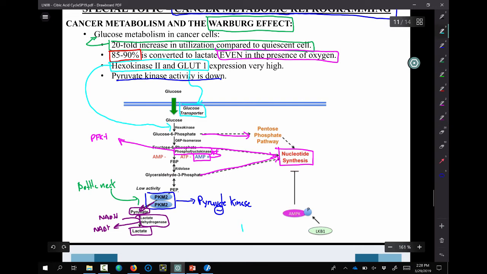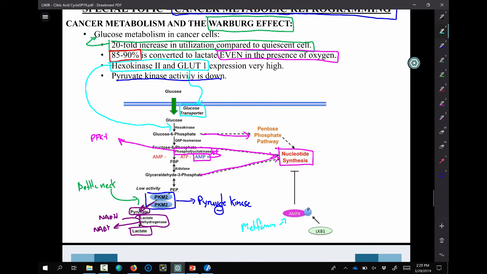That's fairly interesting. I can say this even on this slide alone: metformin, which we said can be a treatment of diabetes. There was a meta-analysis study done on people with type 2 diabetes, and their mortality rate for cancer was significantly lower when they were taking metformin across the population. People thought, well, that's kind of strange. Why is that? It turns out that metformin activates AMP kinase, and AMP kinase inhibits nucleotide synthesis.